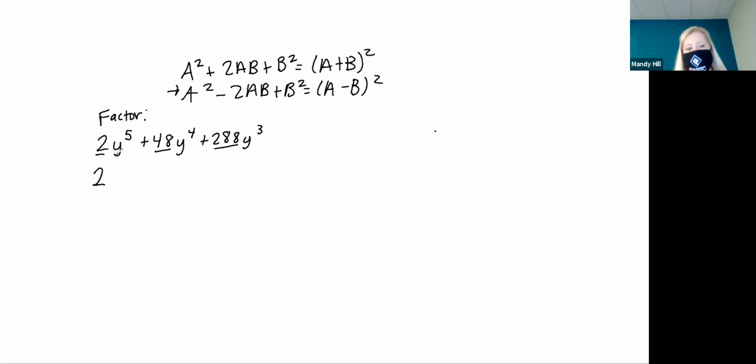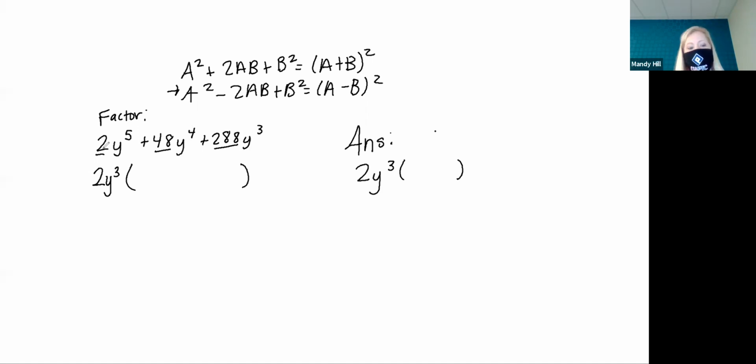This has a y to the fifth, this has a y to the fourth, and this has a y to the third. So I could possibly take out a y to the third because they all have at least a y to the third in them. So I can take out a y to the third. That means that when I get ready to write my answer, I need to have a 2y to the third in front of whatever's there, right? Has to happen because I'm pulling that out. That's part of my answer.